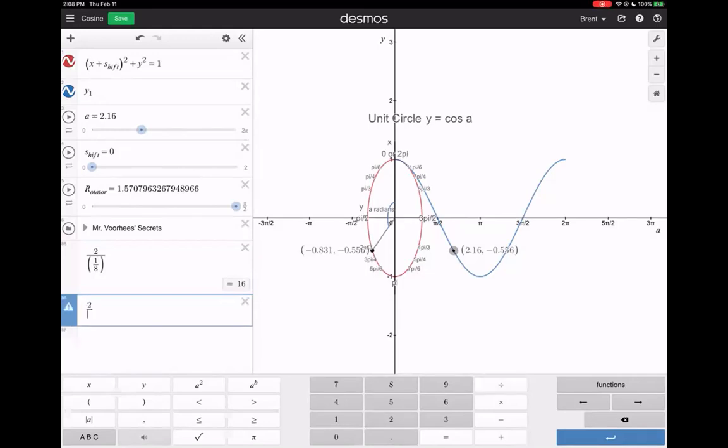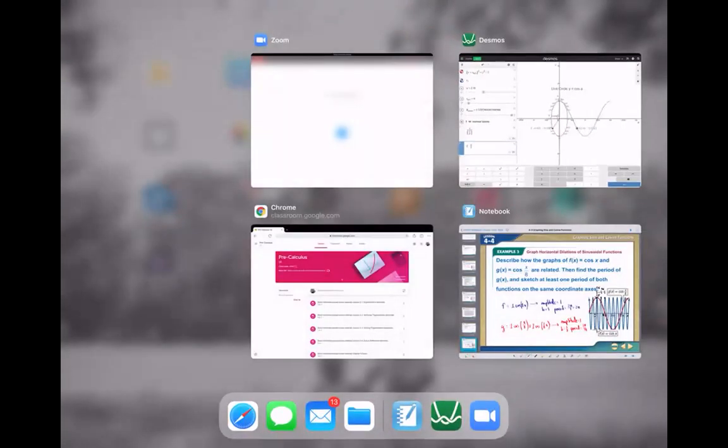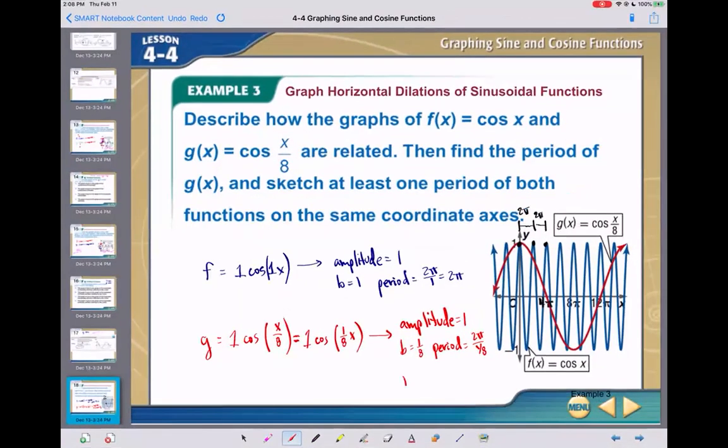2 times 8/1, like that. And that's why it's 16. And since I did not type in the pi, that means my period is actually 16 pi.